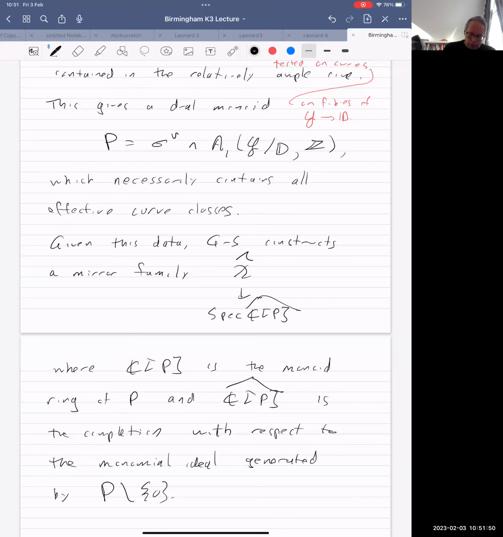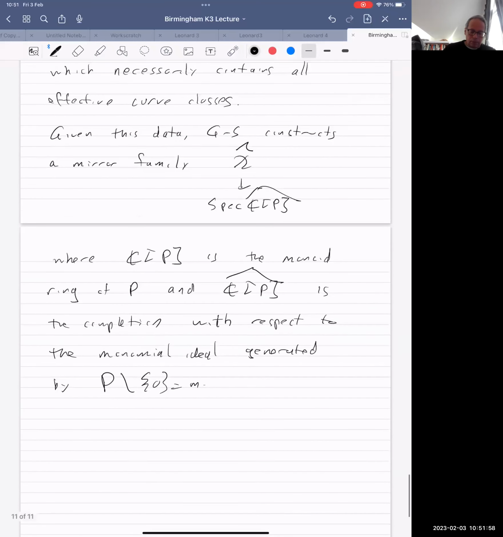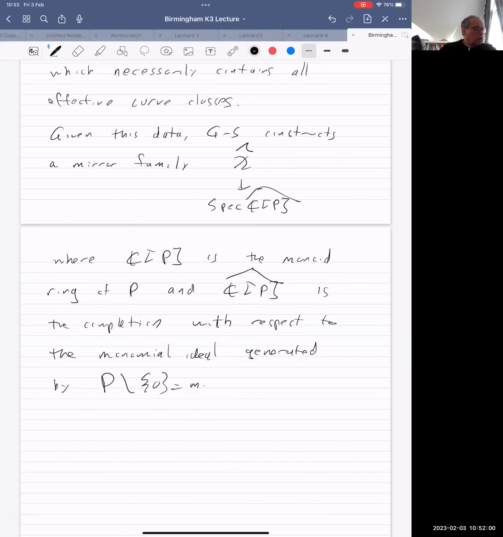Okay, so that's the maximal monomial ideal of this ring. Okay, so this is something you can just apply without any effort.